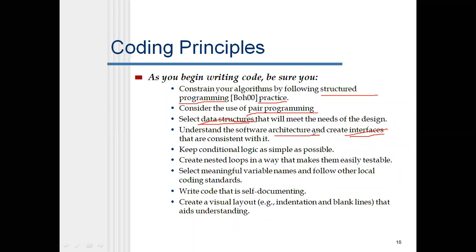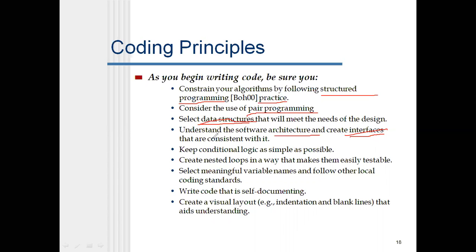The software architecture means the overall project architecture outline. Within that, we should first create user interfaces that are easy to use by an end user, isn't it? So we should understand the overall architecture of that project and also how to create user interfaces.